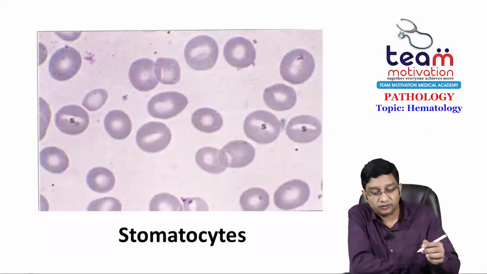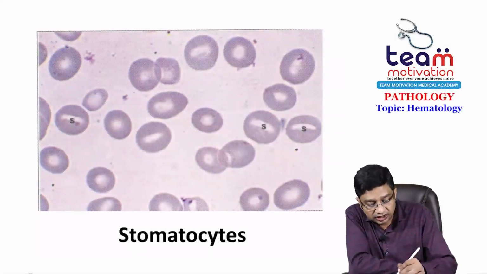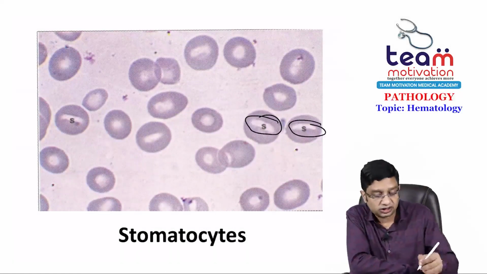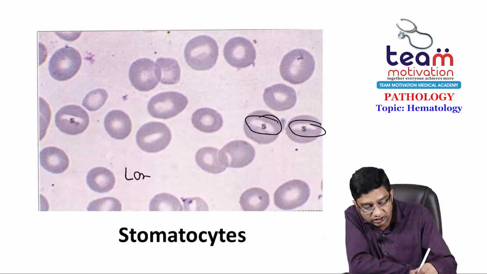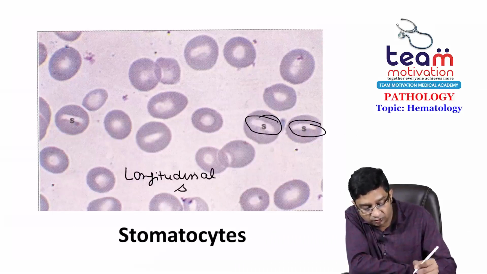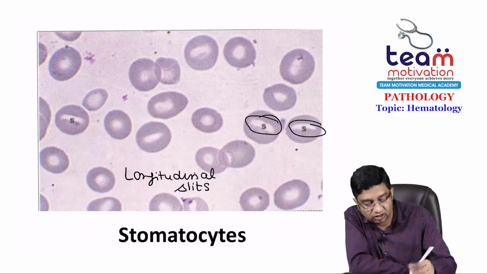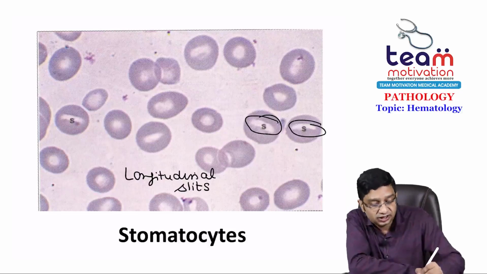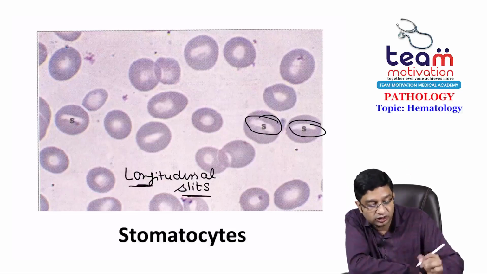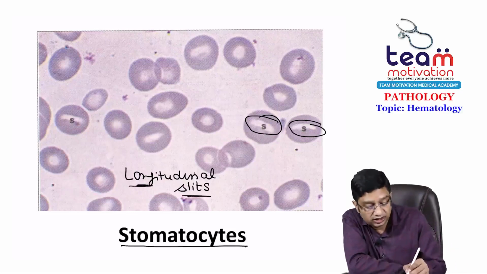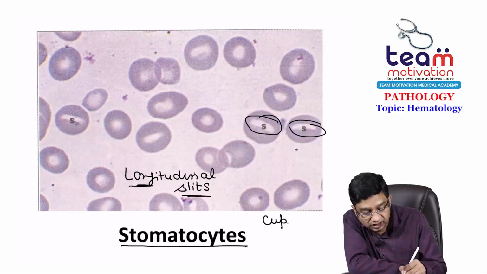Then, if you can appreciate here, these are longitudinal slits. These longitudinal slit RBCs are called stomatocytes.